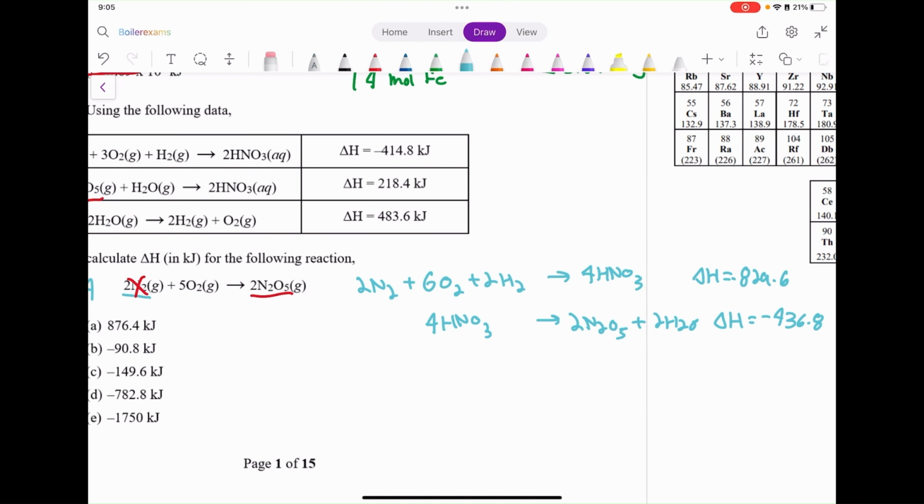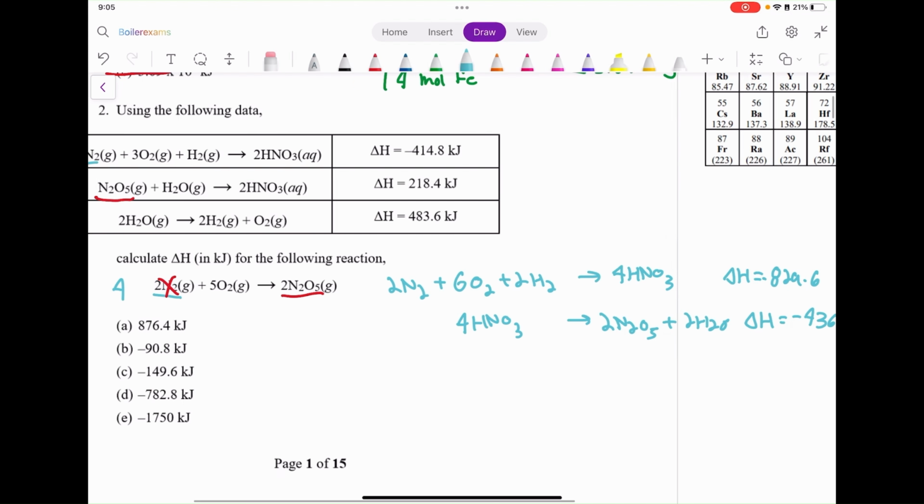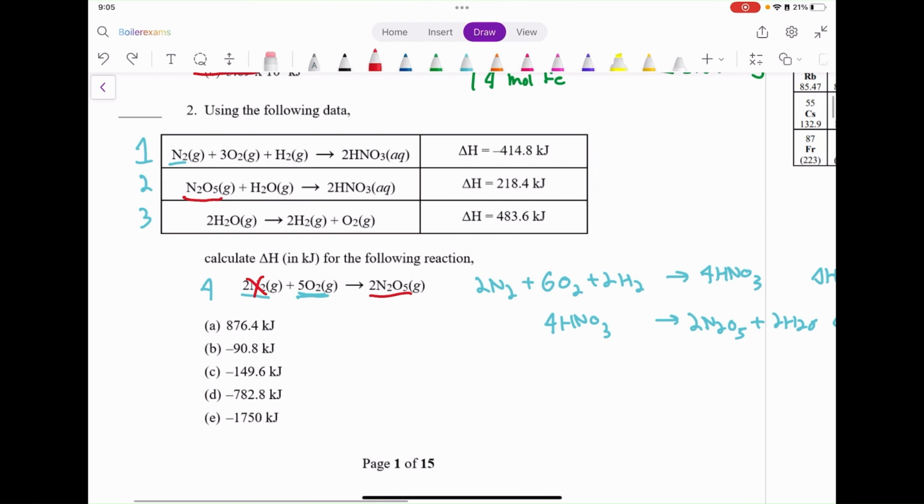Okay, now O2s also don't cancel, and I have 6 O2s right here. From the first reaction, we're contributing 6 O2s on the reactant side. So in order to get to 5, we're going to want to have 1 O2 on the product side, which is going to have to come from equation 3.